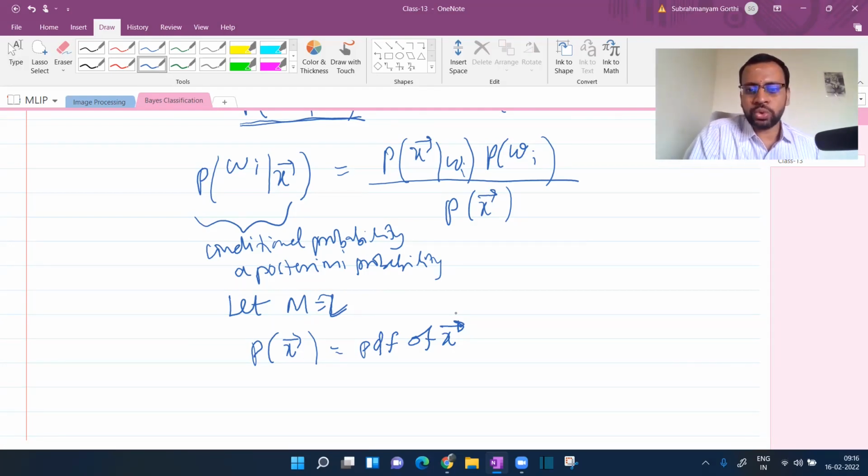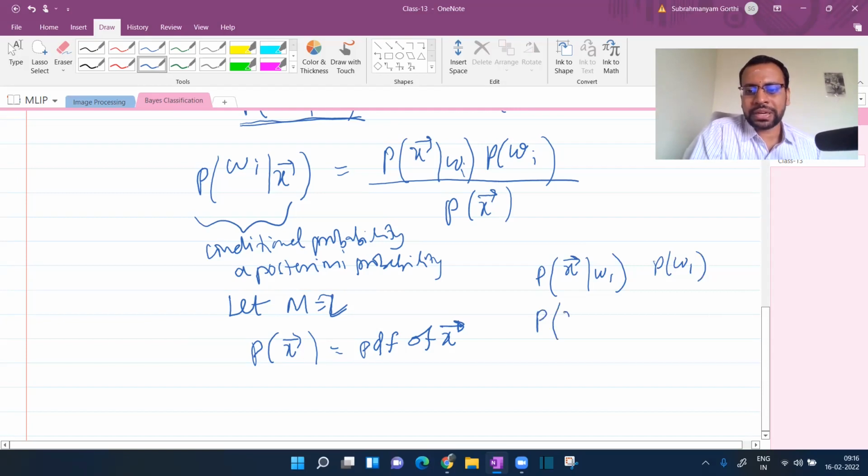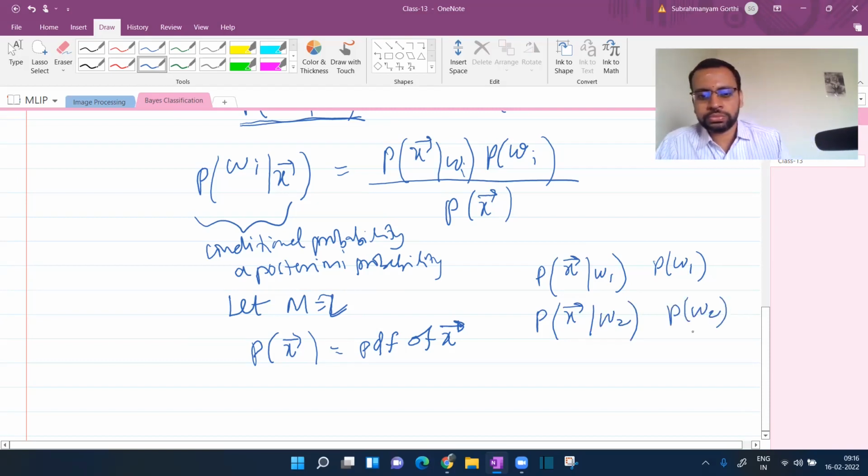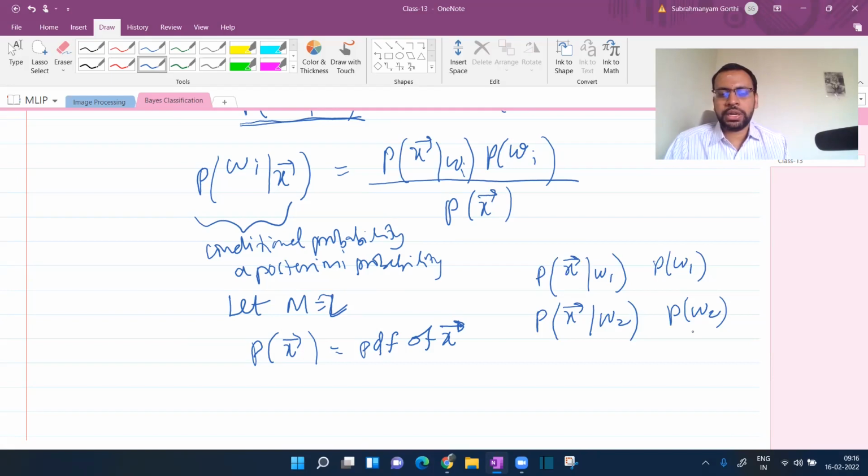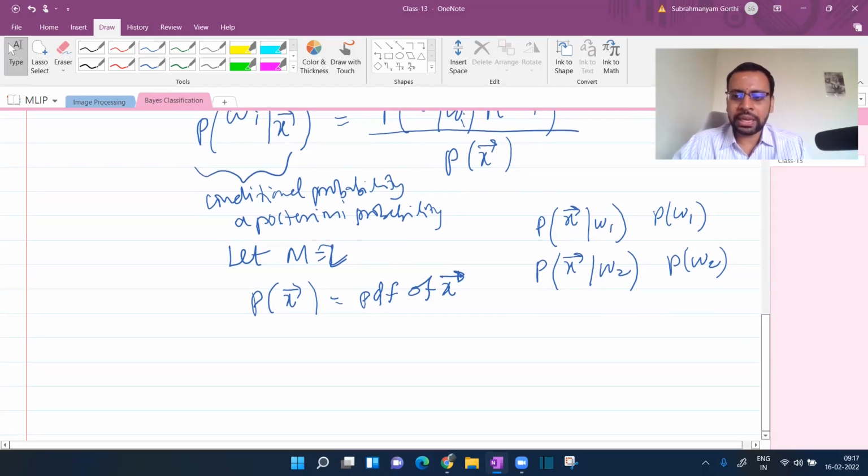I considered m equal to 2, so there are probability of x bar given omega 1, probability of omega 1, probability of x bar given omega 2, and probability of omega 2. Can you express probability of x bar in terms of those four probabilities? Why do that? Because you would later realize that you could compute them from a given training data set or in other ways.